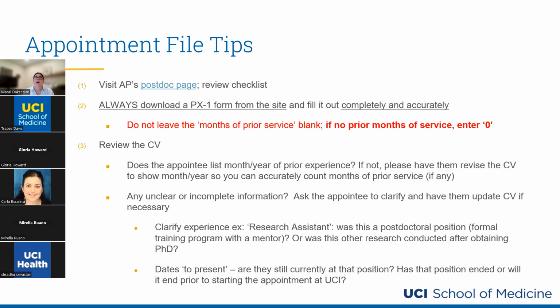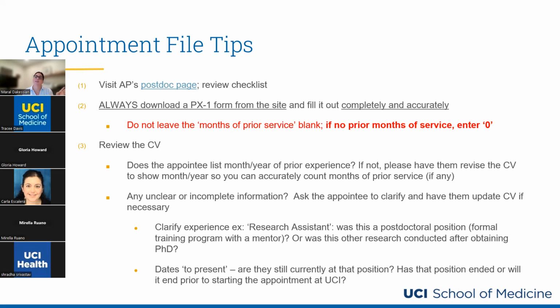I have received a file in the past where the postdoc CV said something like, January 2020 to present, and we were appointing them in July. And so the analyst thought, oh, well, to present means June. So that's 6 months of experience. A couple years later, the postdoc came back and said, no, it wasn't really to present.